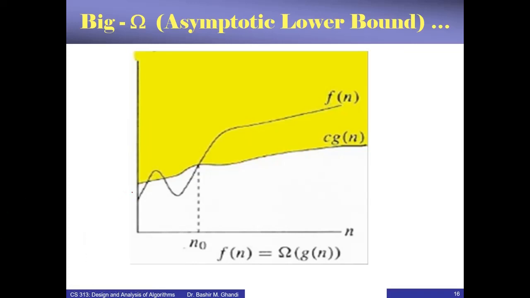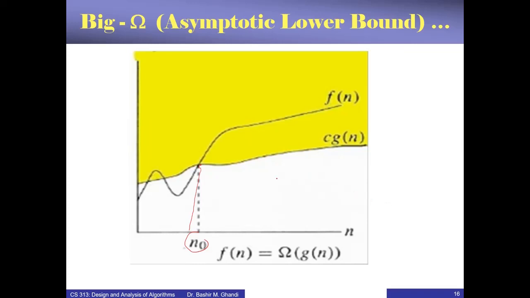As you can see here, it is below, then it went up, then it came below. But from this point onward, from where n is equal to n naught forward, f(n) is always greater. The g(n) times c is always below, and therefore g(n) is the lower bound for f(n).